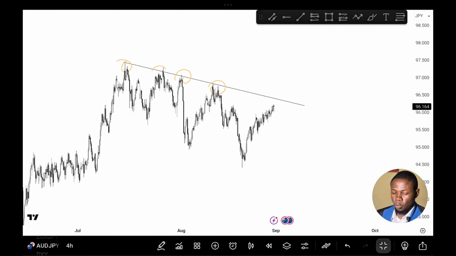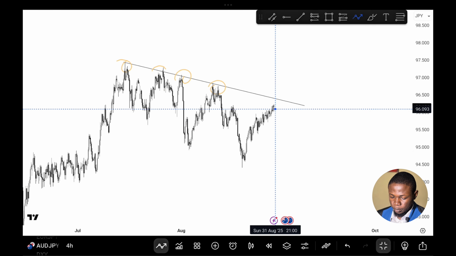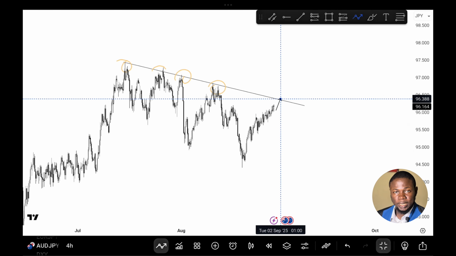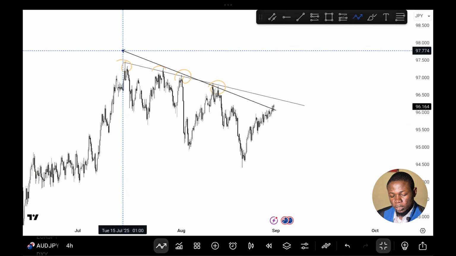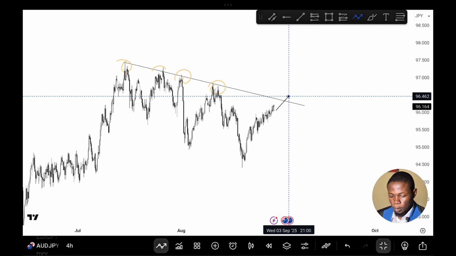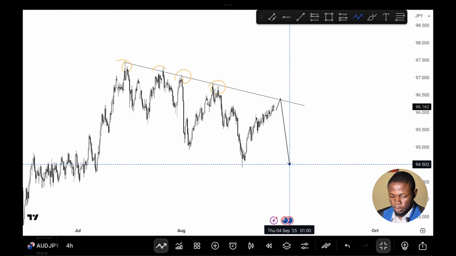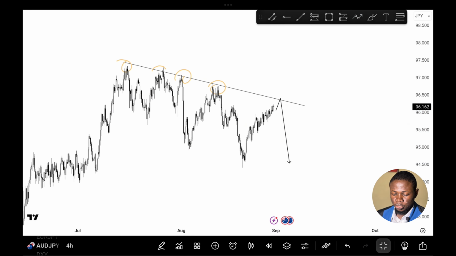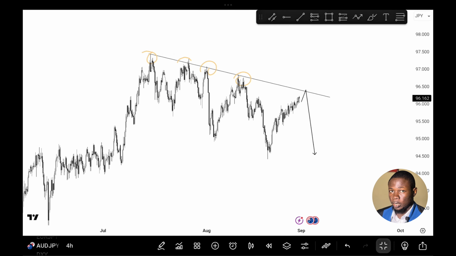Do you understand? So what are we waiting for? We should wait for price to come to this area and touch this line, just like how all these candlesticks were respecting this line before falling down to this area. This is how to trade using a trend line.